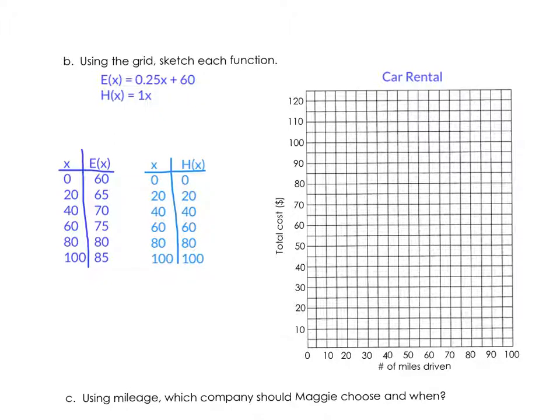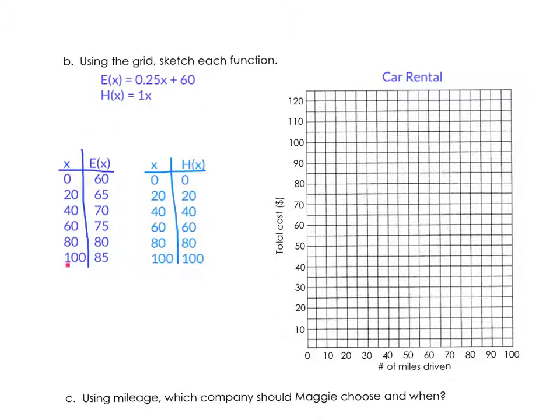Remember, we can get the table by going to y equals in our calculator, putting in the equation, starting with 0.25x plus 60, and going to second graph, which shows us the table of values. I wrote down some and spread them out, because we need to show up to 100 miles and the cost is going up to 120, so I didn't want just a small sampling. I spread them all out so I have some nice points to plot. And the same thing for h of x: just plug in 1x, and you get your table of values the same way, second graph to get the table.